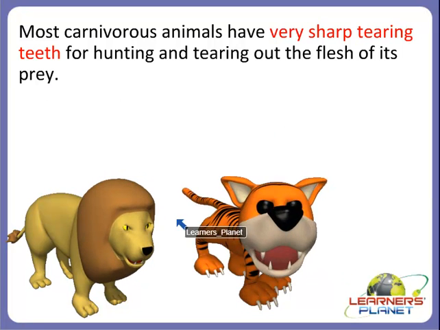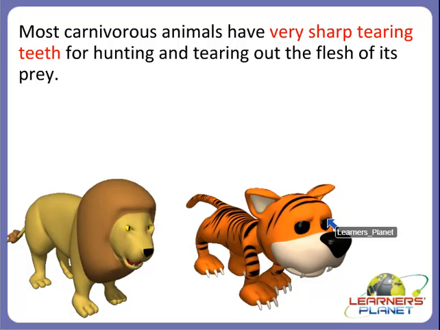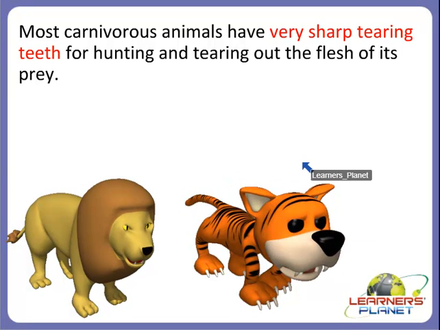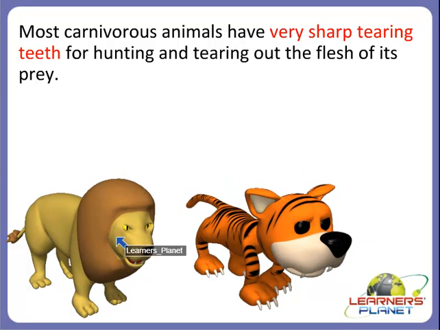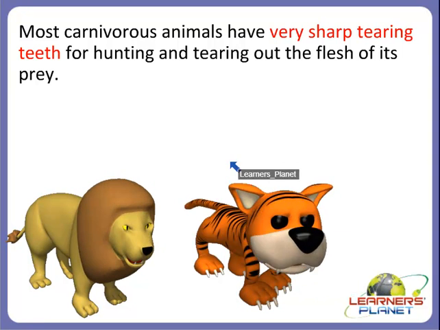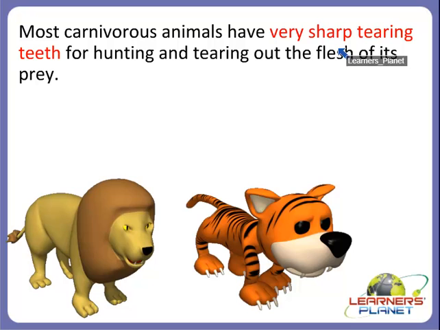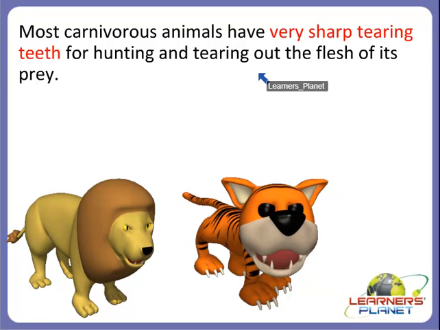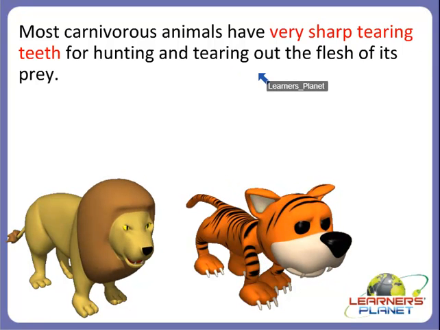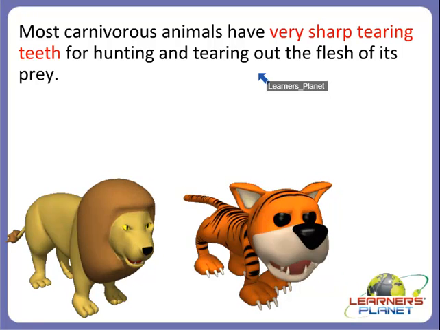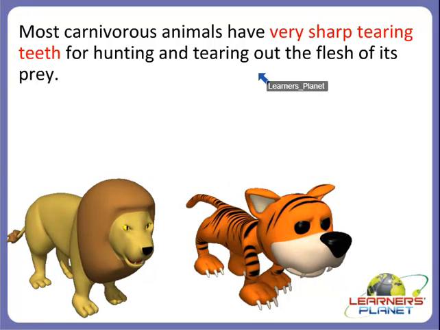So you can see the pictures here. Yes, this is the picture of a lion and a tiger, and you can see in this picture that they have very sharp tearing teeth for hunting, and sharp tearing teeth also for tearing out the flesh of their prey.